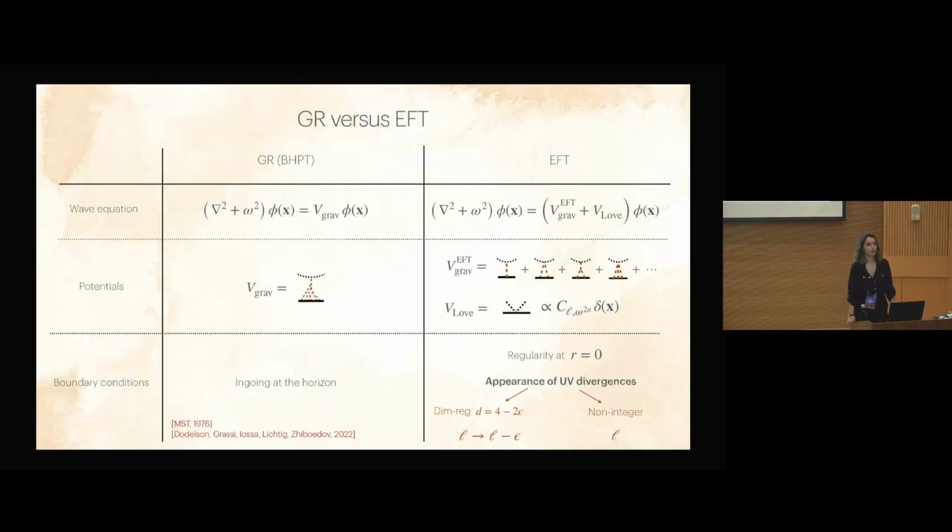Something that we observed in those calculations is that this really amounts to just shifting L, the angular momentum, by an epsilon factor. In principle, we could also simply work at non-integer L. Also, if you have played with the black hole perturbation theory solution in 4 dimensions, you actually see these 1 over epsilon poles emerging at integer L's, and this is precisely the UV divergences that I'm mentioning here.